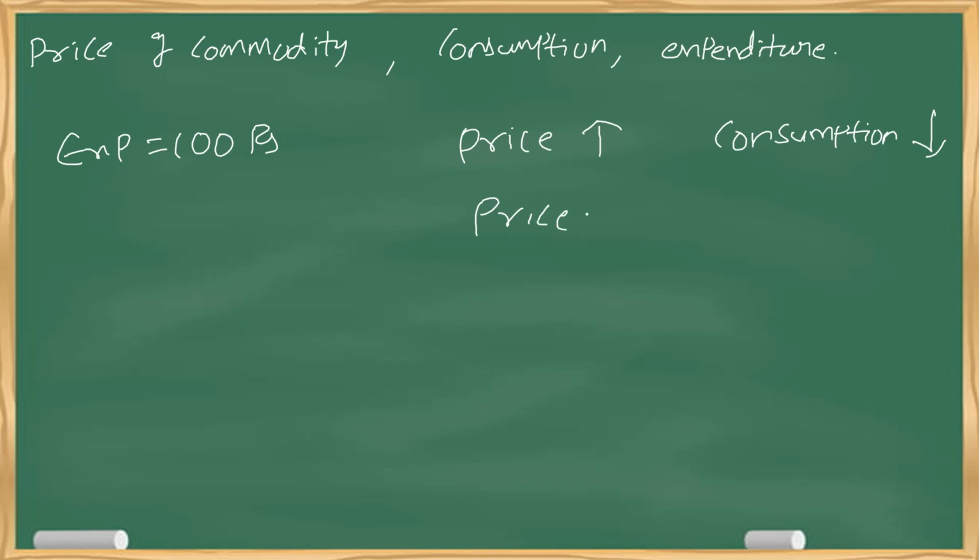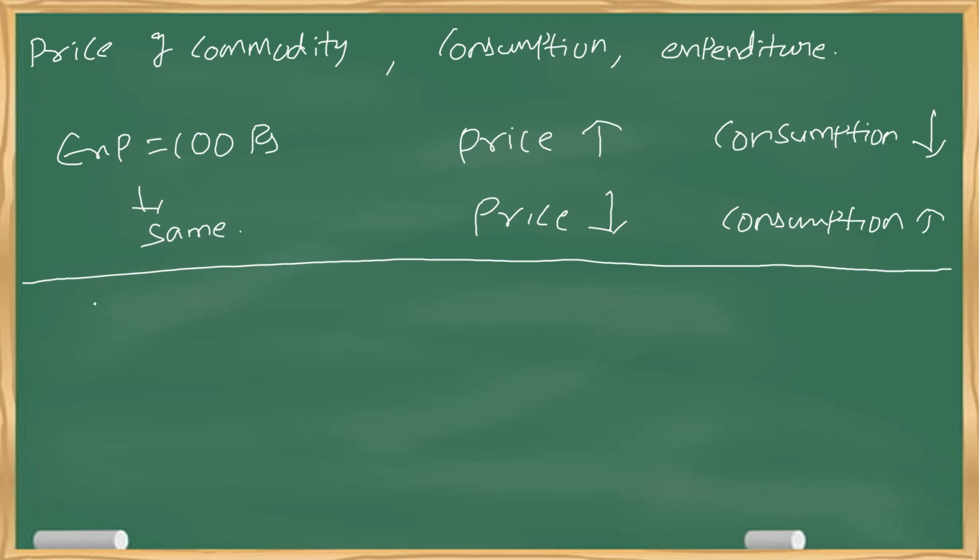And if the price of the commodity decreases, what happens to the consumption? It increases, where expenditure is the same. So a few people might be in a dilemma. So what are you talking about? Definitely, you will have a doubt here. We'll see to this.